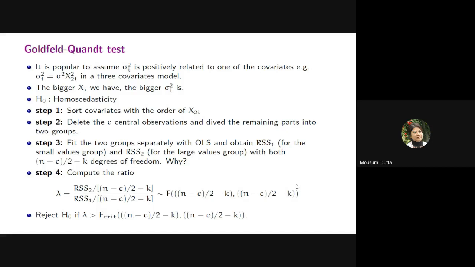As in the last few cases, here also the null hypothesis will be no heteroscedasticity; in other words, homoscedasticity. Now here you have to make an arrangement of the data. You have to sort the observations in the order of x2i.